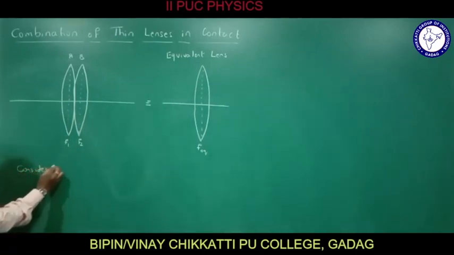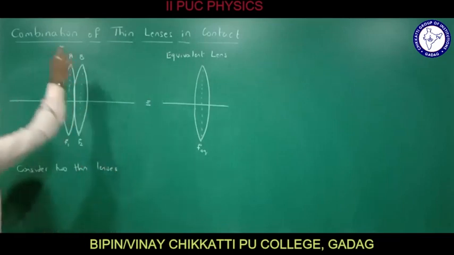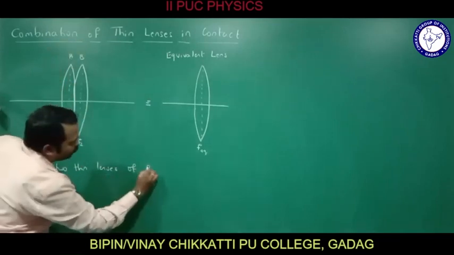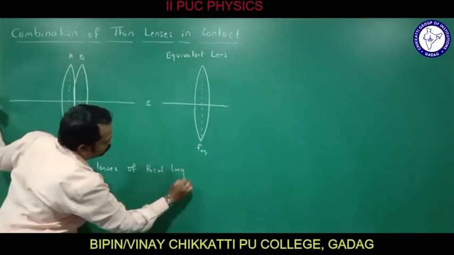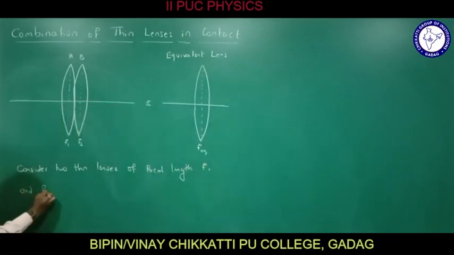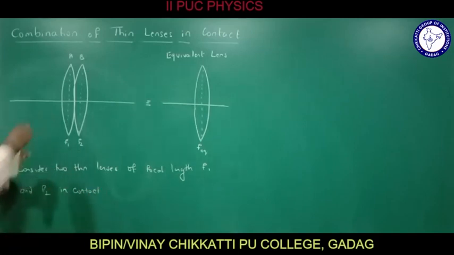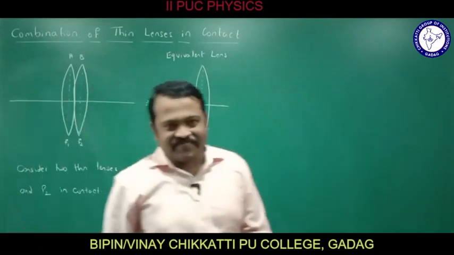Consider two thin lenses of focal length f1 and f2 in contact. In contact means these two are in contact with each other.